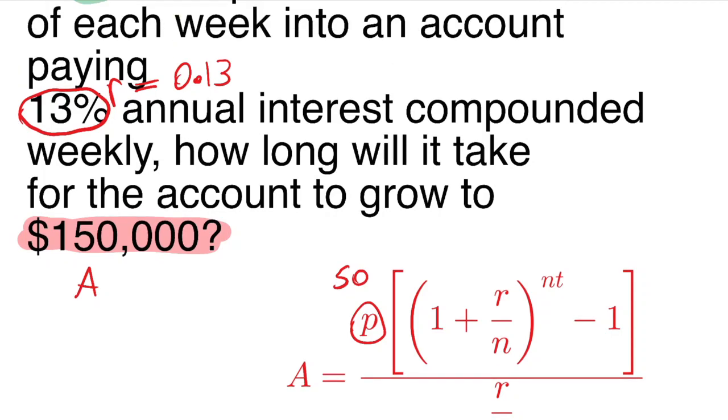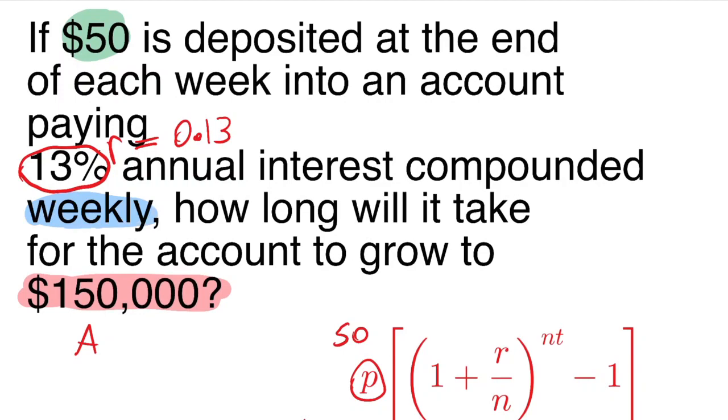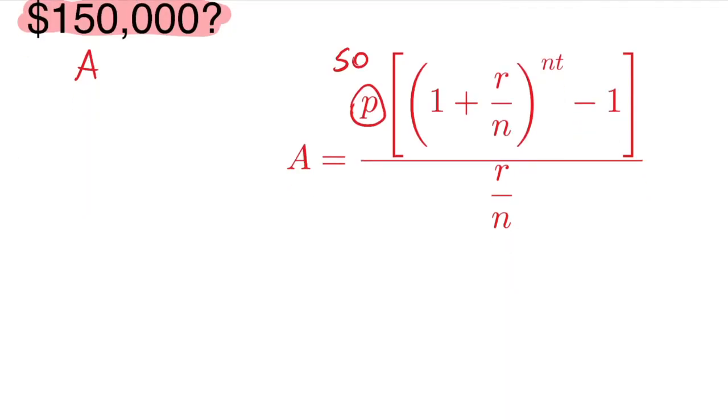All we have to do is pretty much plug everything in. The other thing we need to know is that interest is paid weekly. If interest is paid weekly, that means we're going to have a total of 52 interest payments for the entire year. So n is equal to 52. Let's plug it all in. A, the future value, is 150,000.